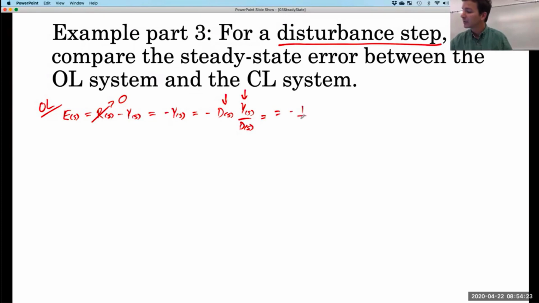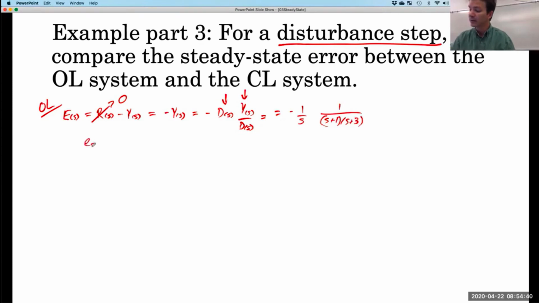Okay, so what do we got here? We're told that the disturbance is a step, and this is where I'm going to use our results from two slides ago, where we worked out the disturbance to output transfer function. So this was 1 on (s plus 1)(s plus 3).